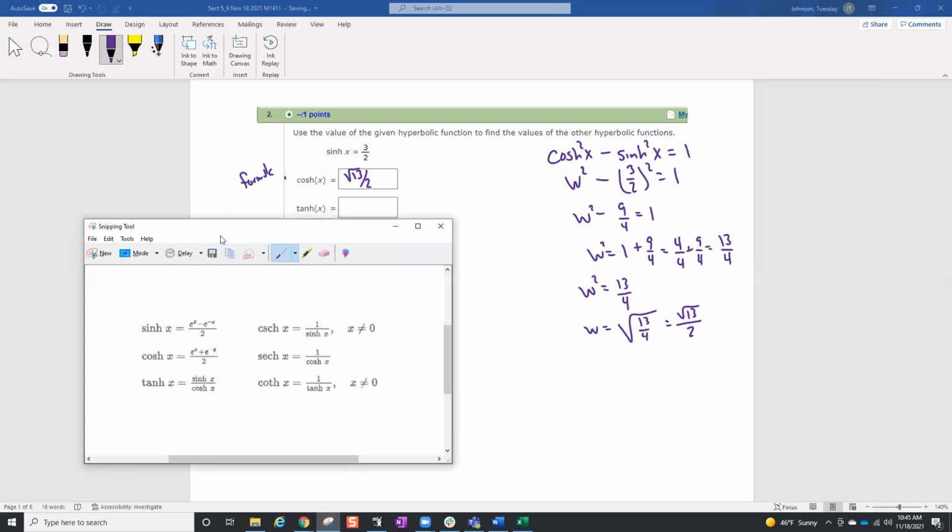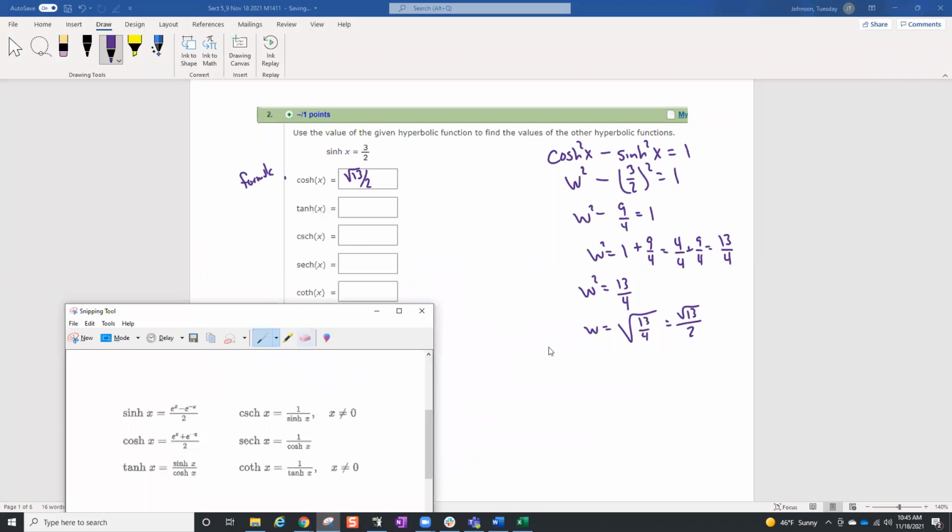All right, so finding hyperbolic cosine, no problem, because we just do some algebra, just like we did with the unit circle. Now we're doing it with the unit hyperbola. A circle will give us our standard trig functions. But how do I get the hyperbolic tangent? I'm going to take sine divided by cosine.